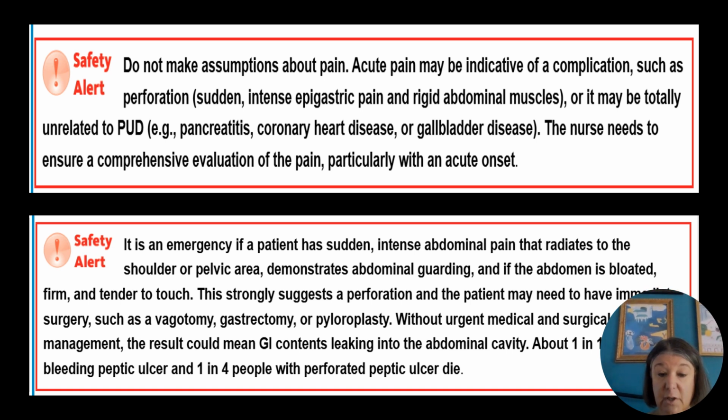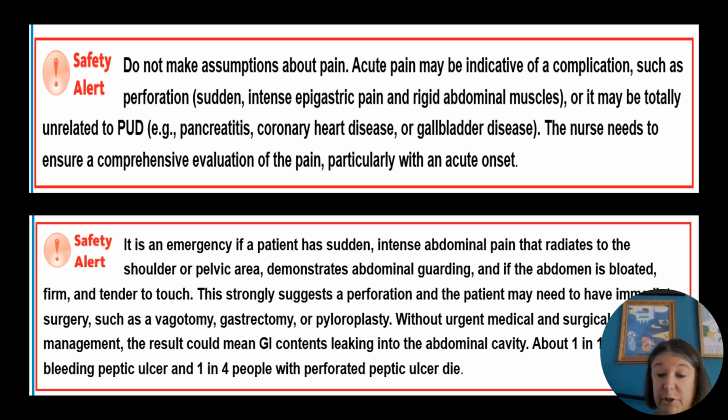There's also a safety alert that says it is an emergency if a patient has sudden intense abdominal pain that radiates to the shoulder or pelvic area, demonstrates abdominal guarding, and if the abdomen is bloated, firm, and tender to the touch. This strongly suggests a perforation, and the patient may need to have immediate surgery. So this is an important one, all right?